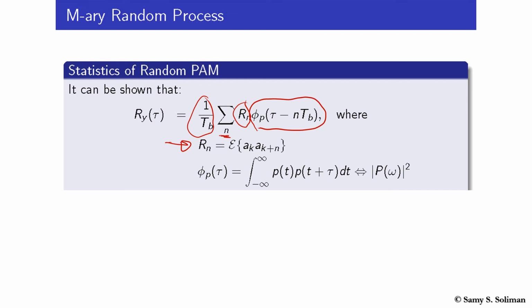Note that the amplitudes A_k are the M-ary amplitudes of the pulses, so they have a finite set of values and their expectation can be calculated by summation.